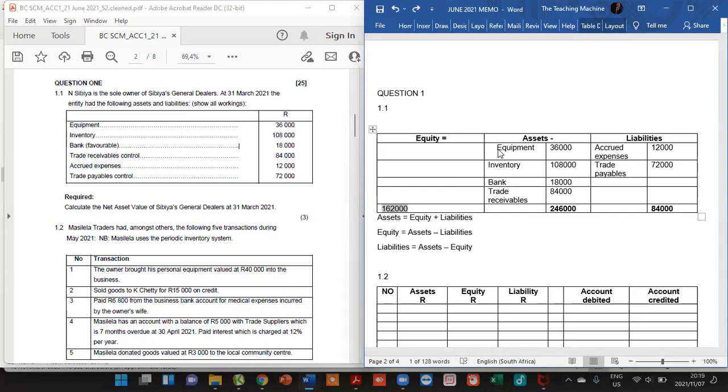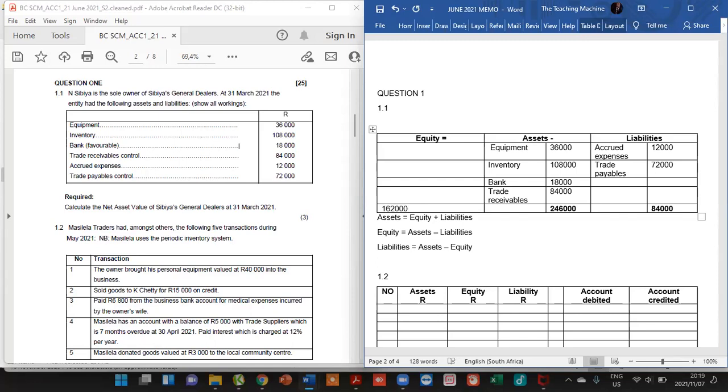The favorable bank balance belongs to the business because the business can have access at any time. Trade receivables belong to the business. People who owe the business belong to the books of the business. So we are certain about these four accounts since they meet the criteria of assets.